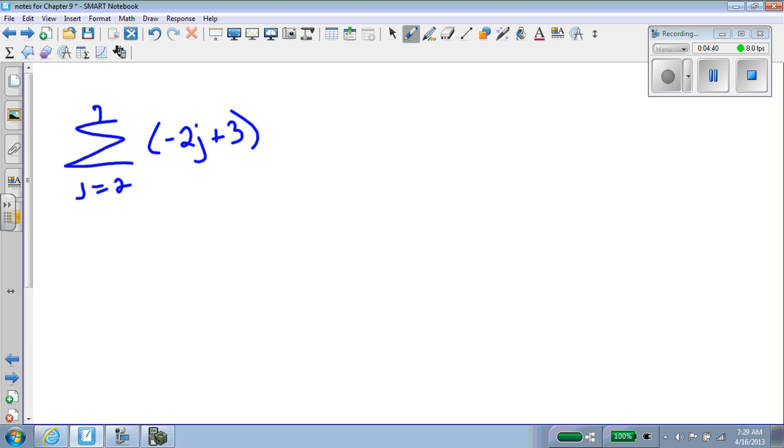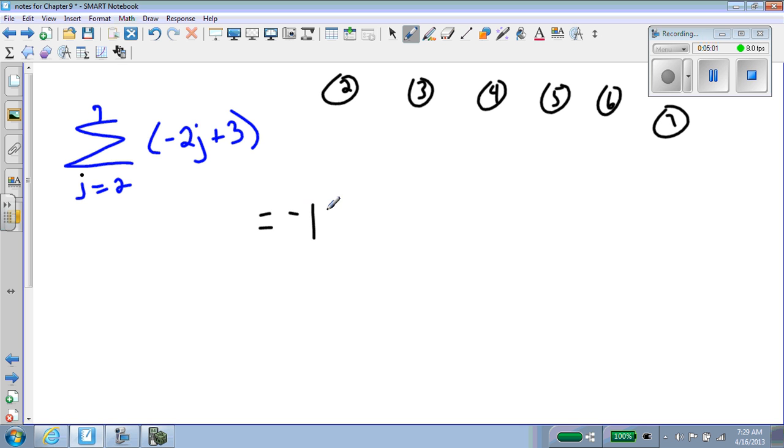It could be that the index is not n, but some other letter. So from j equals 2 to 7. So we want the second term, the third term, the fourth term, the fifth term, the sixth term, and the seventh term. So that would be negative 4 plus 3 is negative 1. Negative 6 plus 3 is negative 3. Negative 8 plus 3 is negative 5.